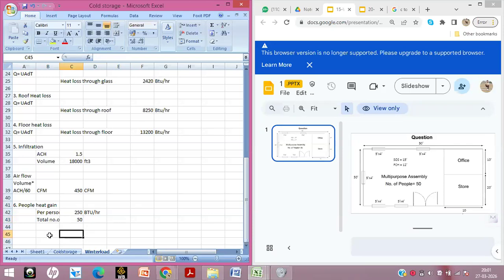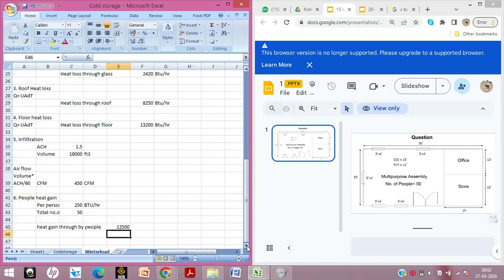So now we can calculate the heat gain by people: total heat per person times the number of persons.